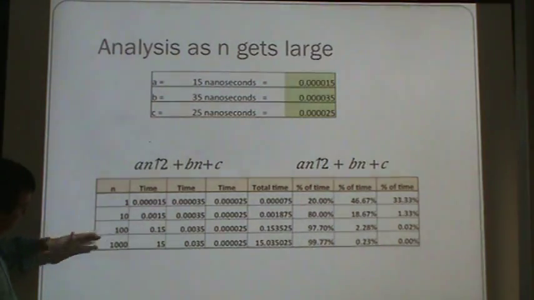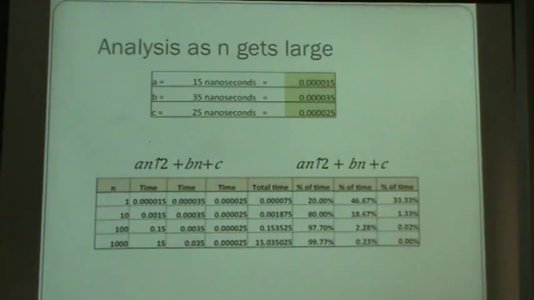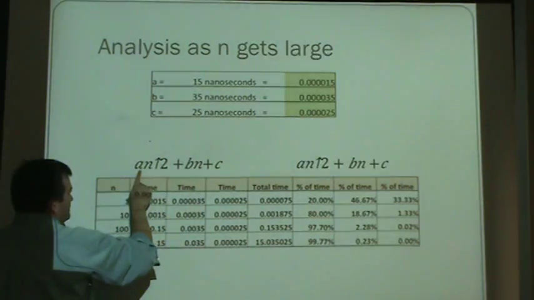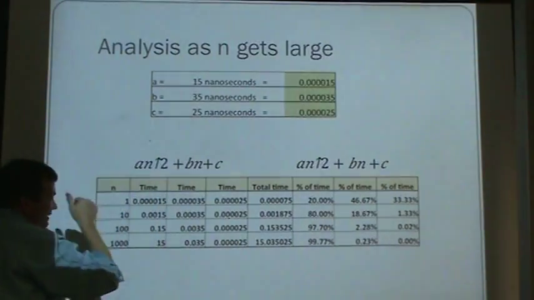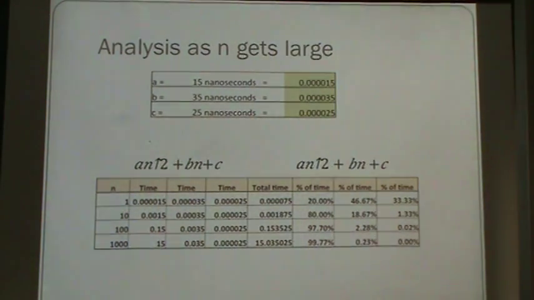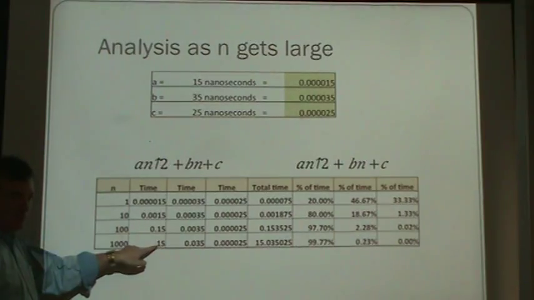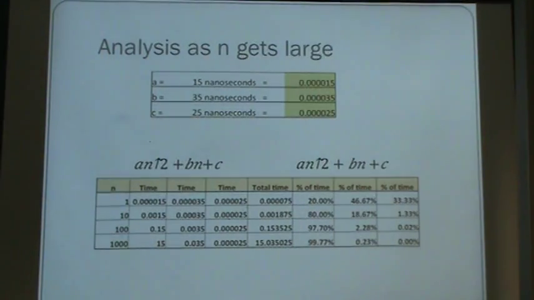And then let's say n goes to 1,000. So if n is at 1,000, then it's 15 nanoseconds times 1,000 squared, which would be 1,000 with 6 zeros. That would make it 15 seconds inside that while loop.